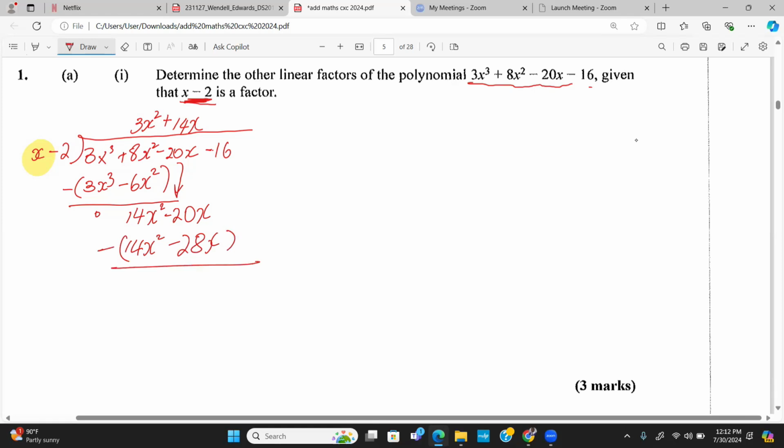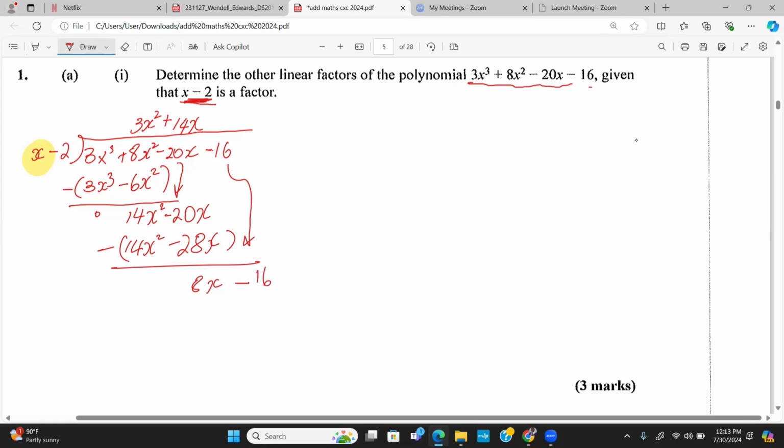And we subtract. 14x squared minus 14x squared is gone. Negative 20x minus minus 28x, we have a minus minus here, so this is positive 28. So it's going to leave me with 8x. Then I'm going to bring down that negative 16.